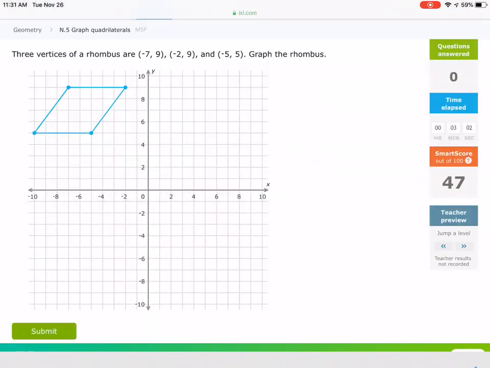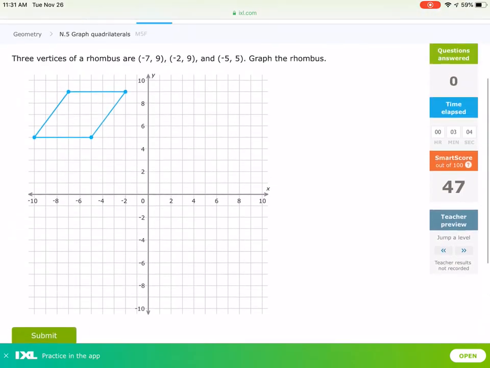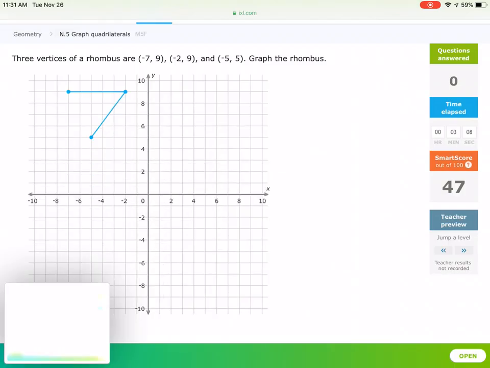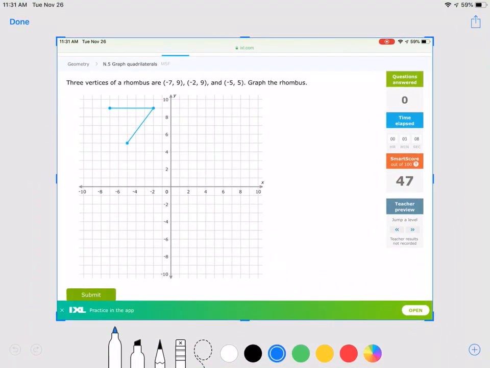Actually, let's go back a step. Is there an undo button? I think I just click this. Okay, let's start from here. So we would have to choose a point out here far enough so that it has the same distance as from here to here, which is 5 units.